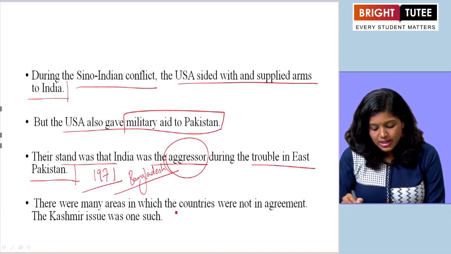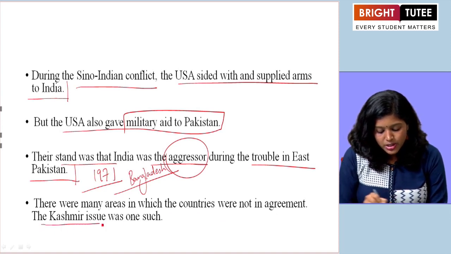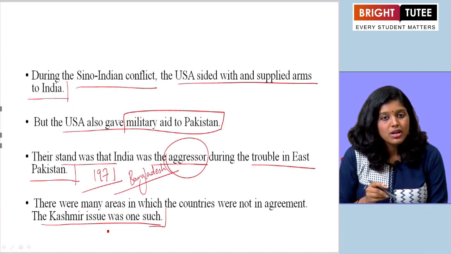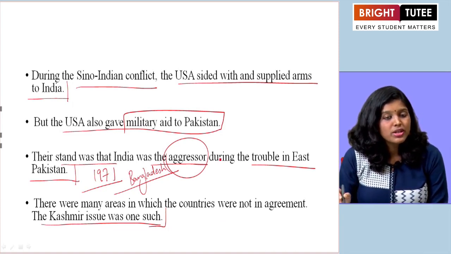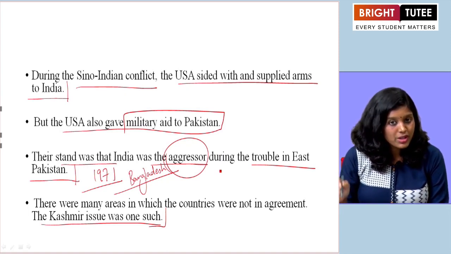There were many areas in which the countries were not in agreement. The Kashmir issue was one such. When Russia was supporting India on the Kashmir question, the USA was not supporting India on the way it was dealing with the question of Kashmir.